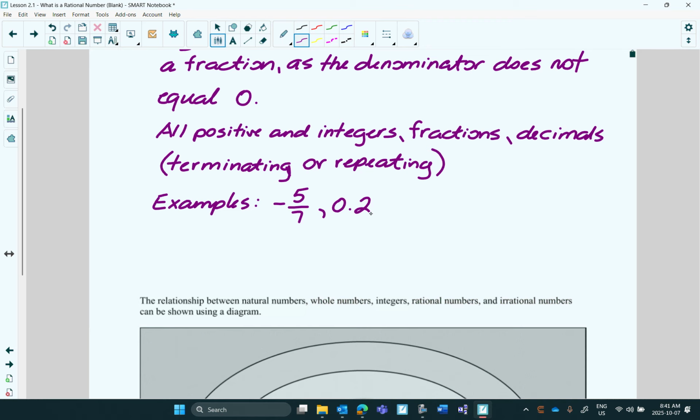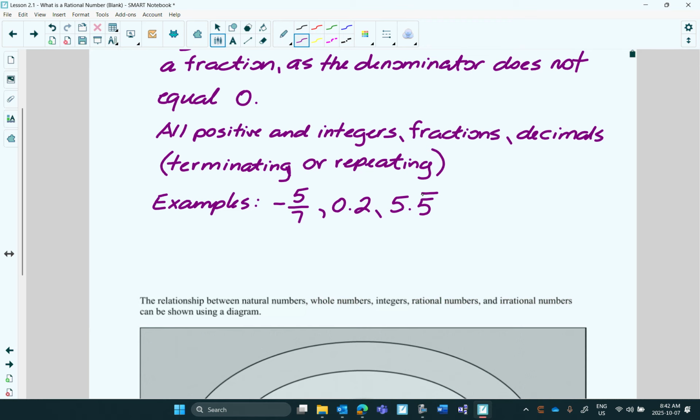Why? Because you can write it as a fraction, 2/10 or 1/5. 5.5 repeating. Because you can write these as fractions, 5 and 5/9.